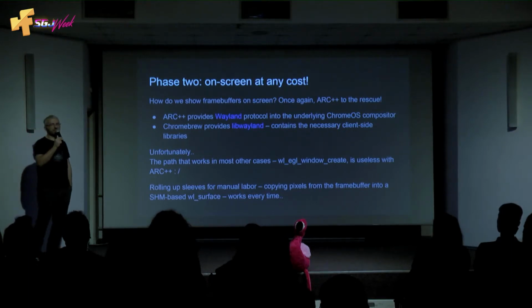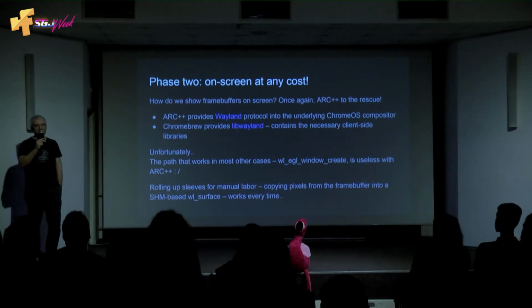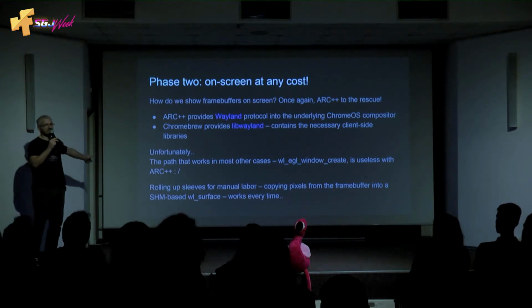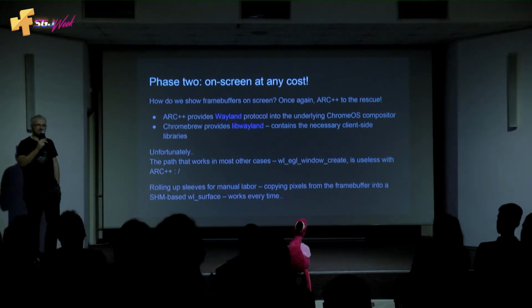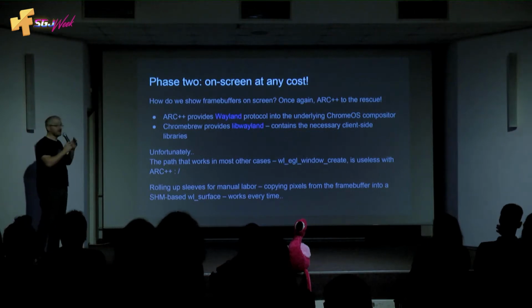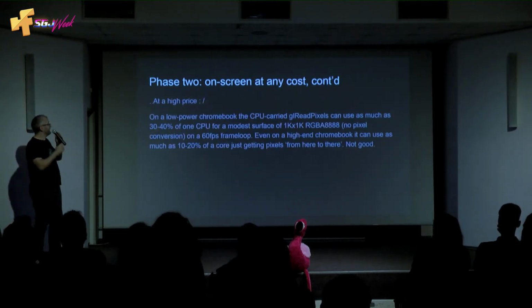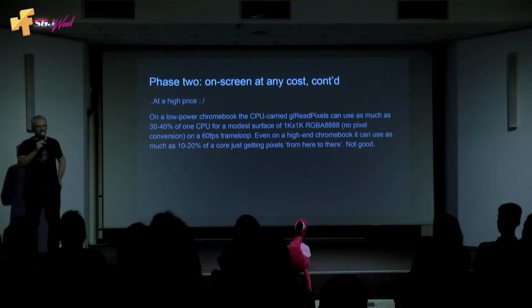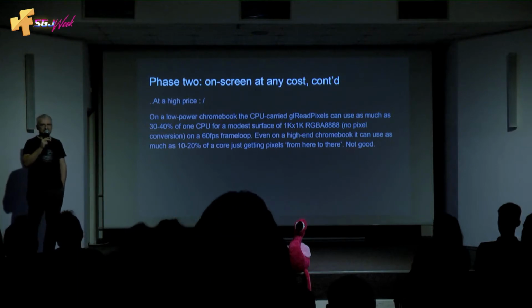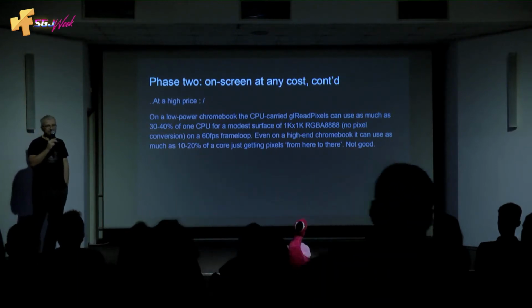Well, we could repeat our little trick with the bitmap file and actually read the frame buffer into a shared memory based Wayland buffer and pass that Wayland buffer to a Wayland surface and on to Wayland, the display manager. That should work each and every time. That's a foolproof plan. Now, what's the problem with it? The problem with it is that GL read pixels is an extremely CPU taxing operation.